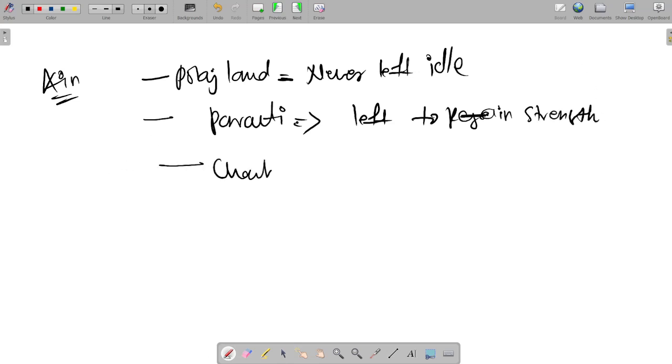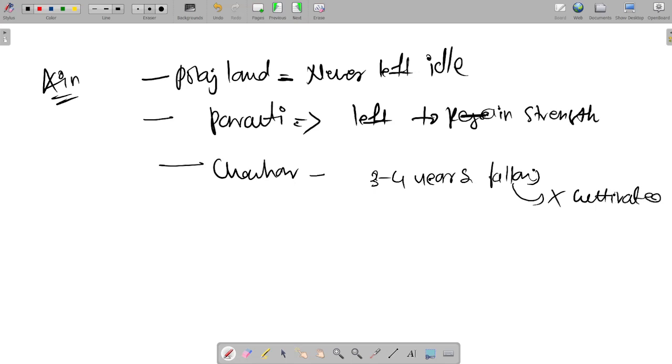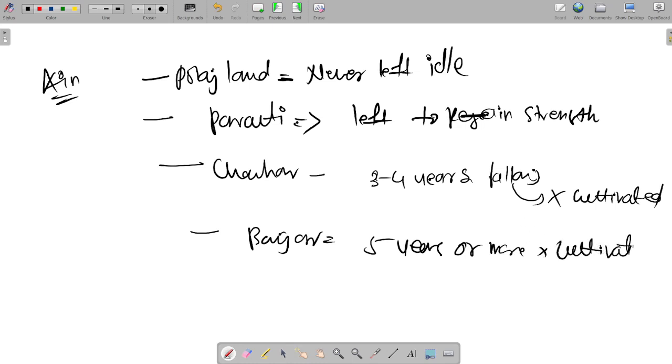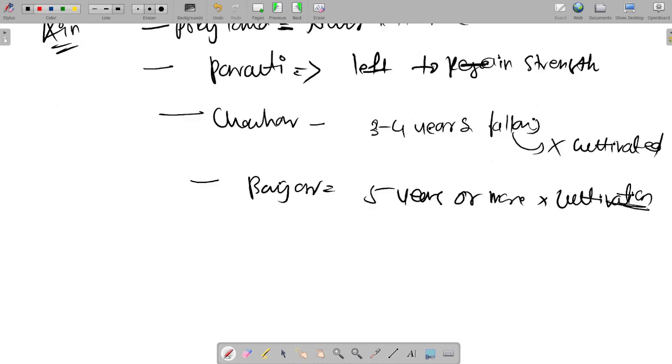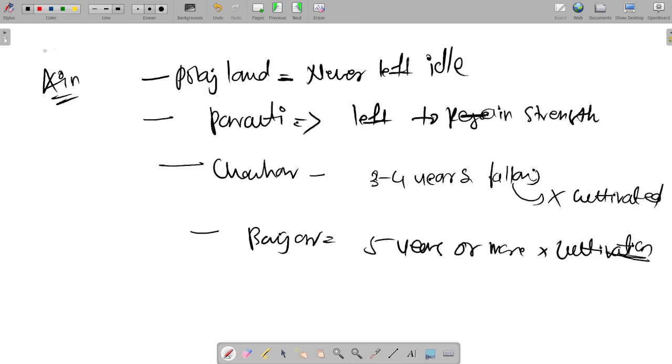And Chachar, that is 3 to 4 years fallow, that is from 3 to 4 years nothing has been cultivated. And Banjar, that is 5 years or more, no cultivation. Ain-i-Akbari has classified the land into these four.